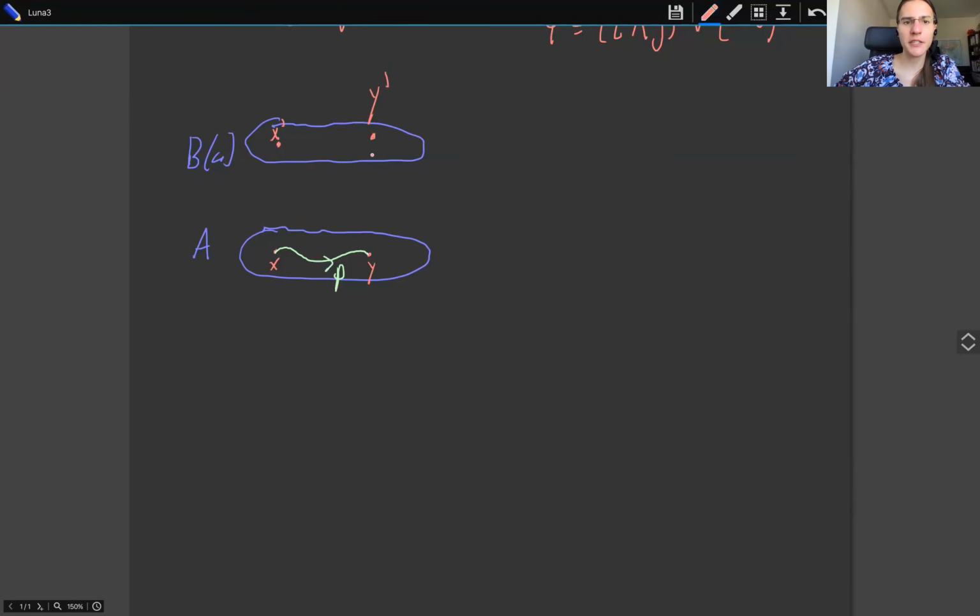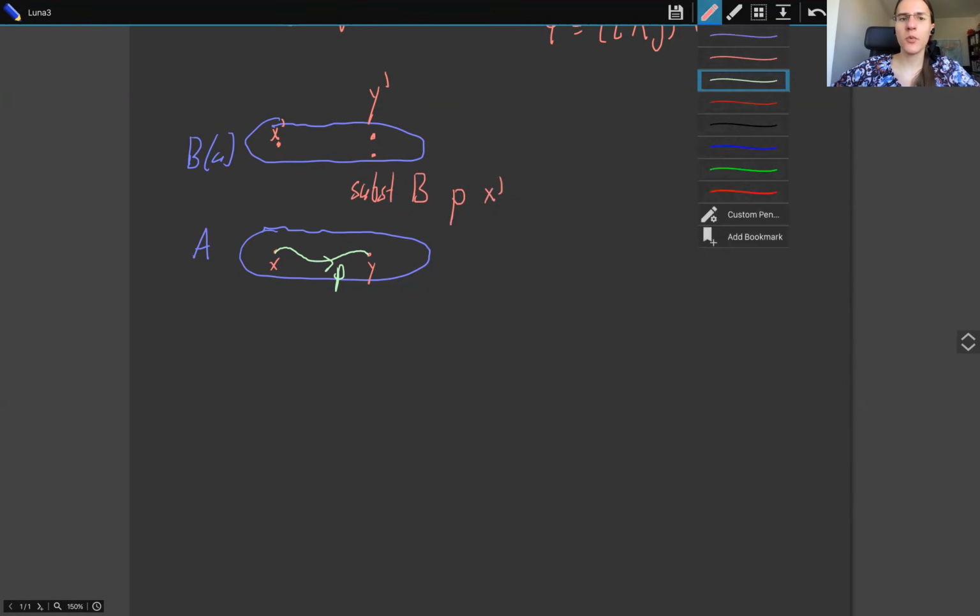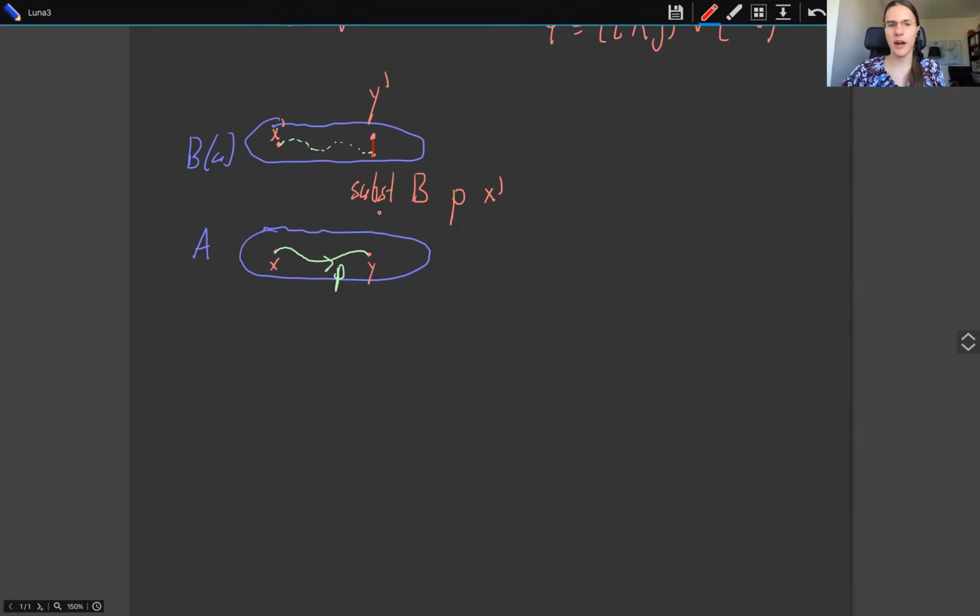So that gives another point, and let's write it in terms of subst: subst in B over the path P of X prime. And we said that there's a transport filling operation, so we get a lift of this path from here to here. And then the new information is this path here connecting subst B P X prime to Y prime. Subst is what we were previously calling transport in the non-cubical version of type theory.